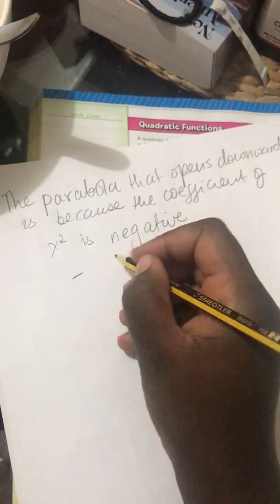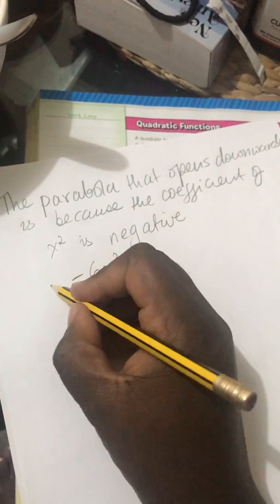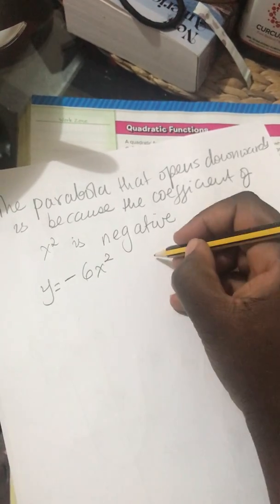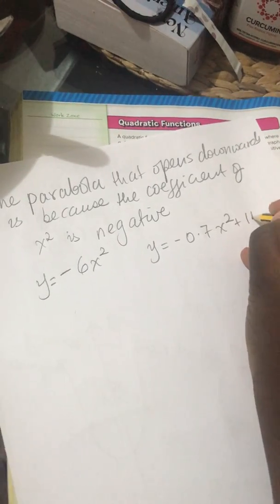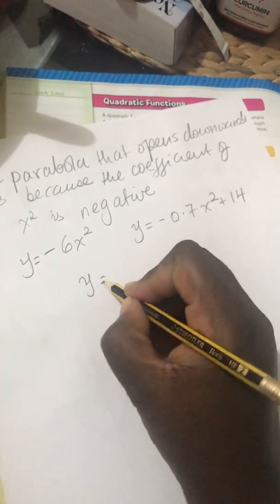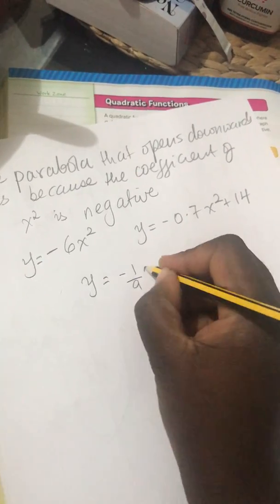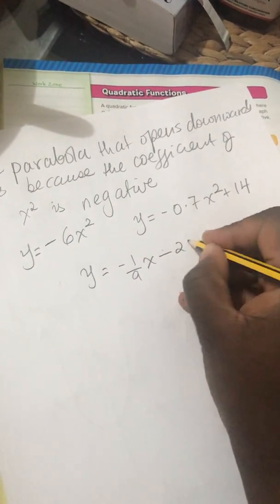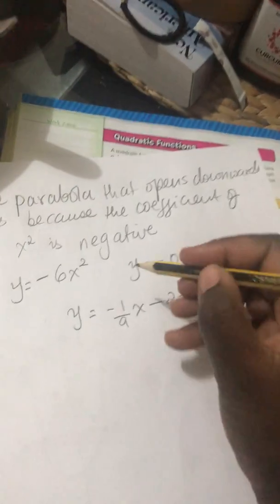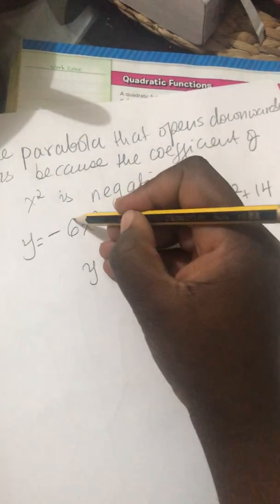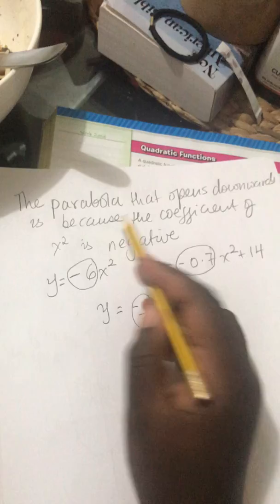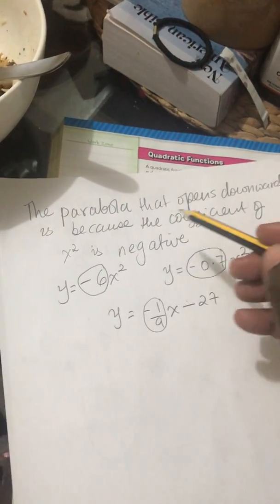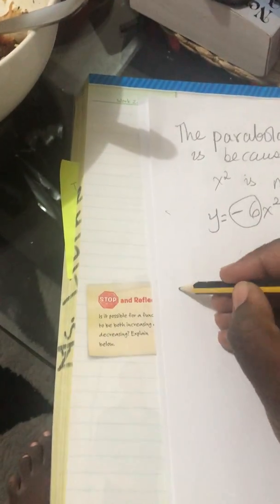Give an example. Okay, so because the number in front of x squared is negative, that is why the graph or the parabola will open downward. So your graph will look like this.